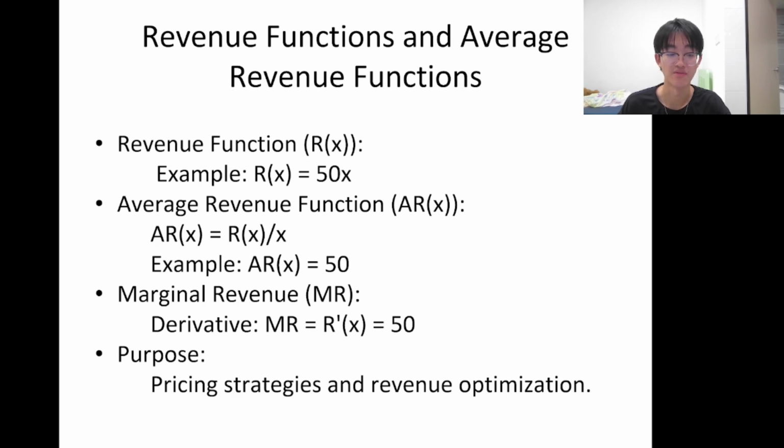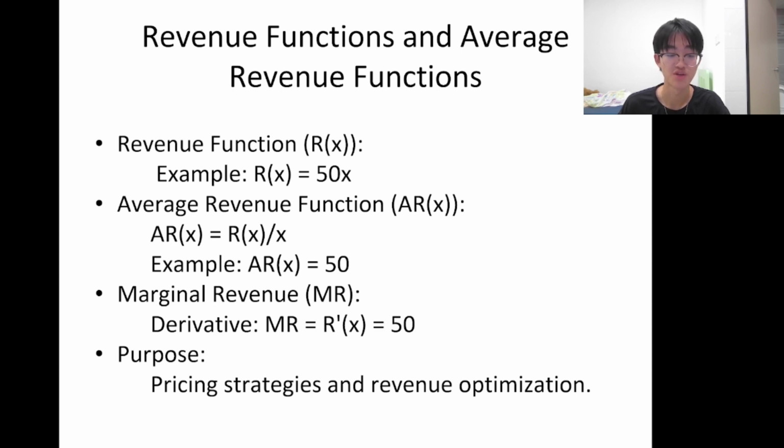Next, we have revenue functions and average revenue functions. The revenue function R(x) represents the total revenue from selling x units. For example, R(x) equal to 15x implies that each unit is sold at $15.